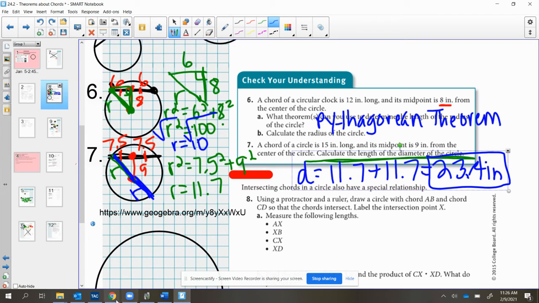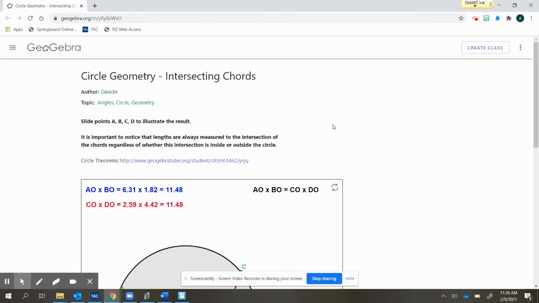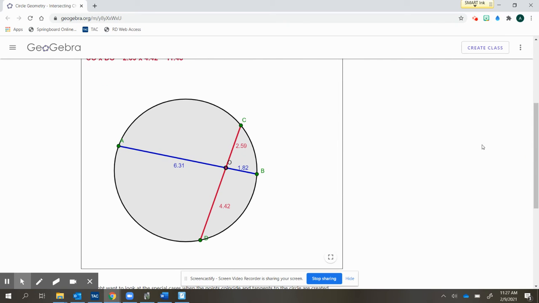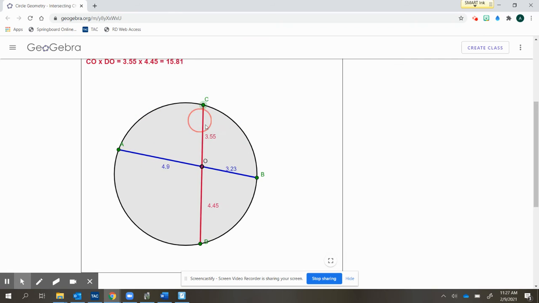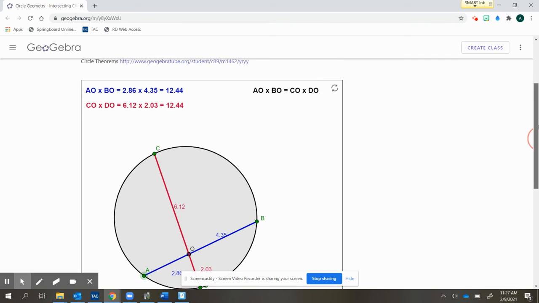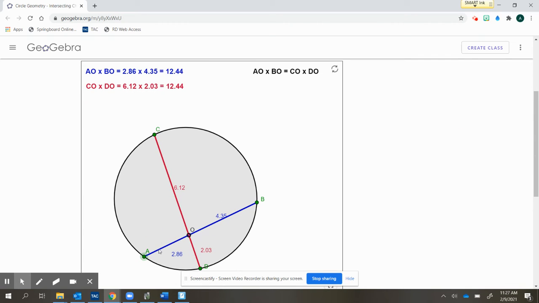Now, our next theorem is actually going to require us to investigate some things here. So we have intersecting chords. So notice we have a blue chord named AB and a red chord named CD. And what's happening is no matter what size we make these, however long our chords are, where they intersect, the pieces AO and OB compared to CO and OD, if we multiply these two smaller values of the chord, they're going to always equal the multiplied values of the other chord, right?